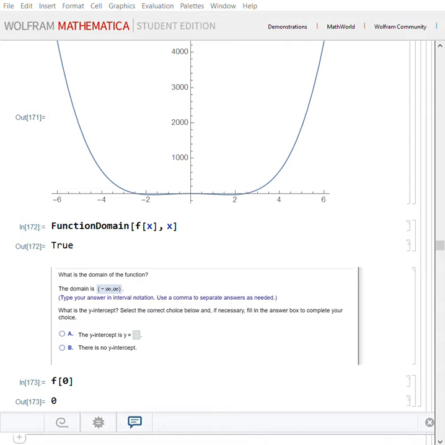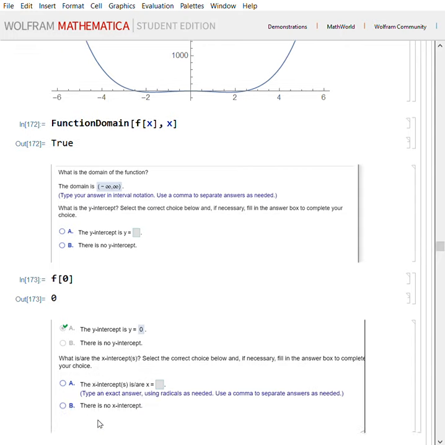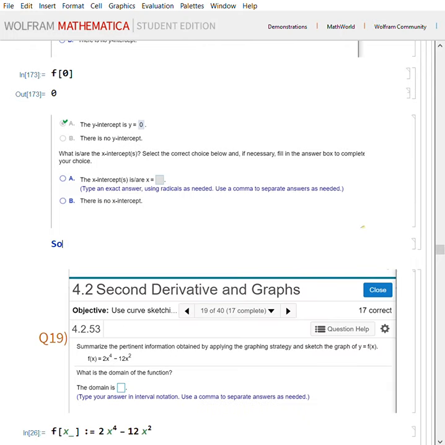And now they want the x-intercept. Here's what you do for that. Do solve f of x equals 0 for x over reals.